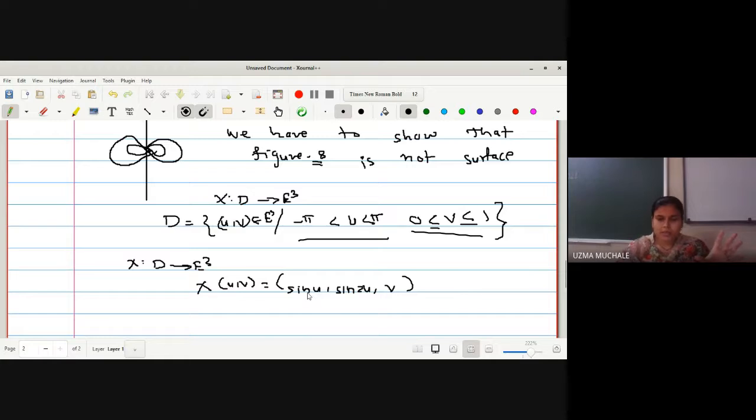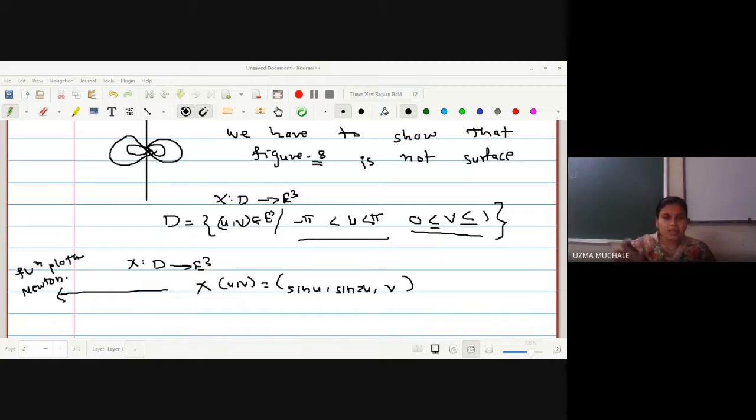X of uv is equal to (sin u, sin 2u, v). Actually it is a combination of sin u, sin 2u and v, because if you want to check, you can check it in an app like Function Plotter, Newton Demo, and other apps too. What you have to do is put sin u, sin 2u and the third coordinate v, and check whether you are getting the figure 8. So here we have found that X of uv is defined by (sin u, sin 2u, v). Now, if this example is there in the exam, you have to learn that mapping by heart. Now we have to check whether it is 1-1, regular, and the inverse mapping is continuous.